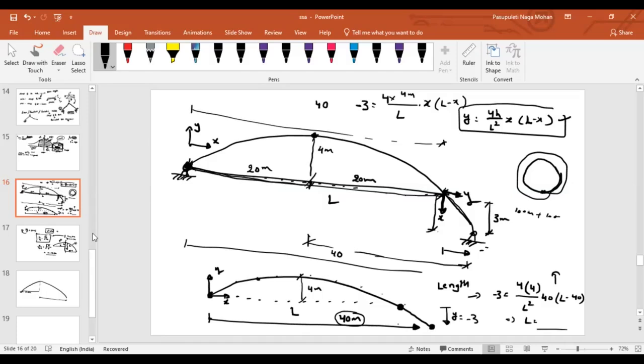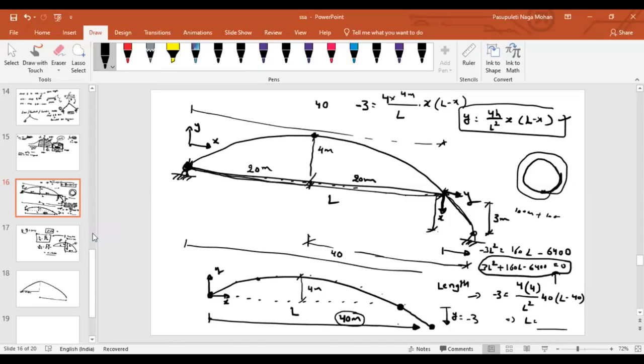Minus 3L square, 160L minus 6400. So if I take the right side, 3L square plus 160L minus 6400 is equal to 0.